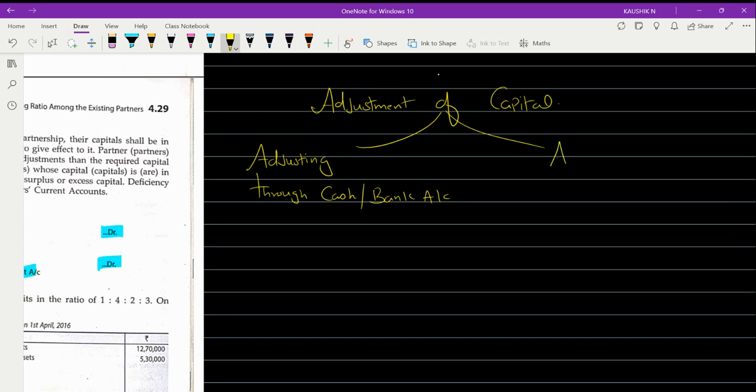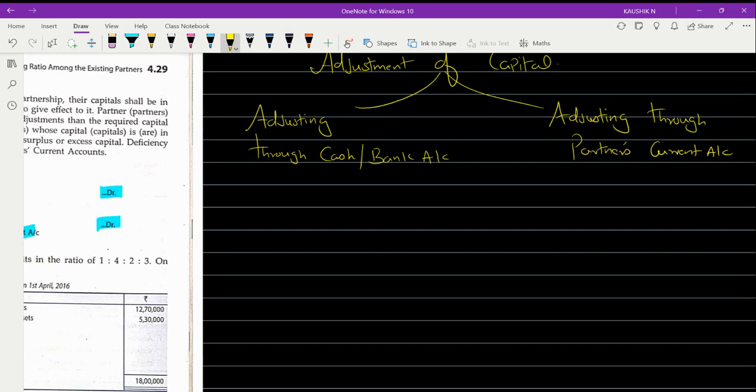The other one is adjusting through partner's current account. So the main concept of this adjustment of capital is either the partner might have to bring some additional capital if there is a shortage, or if there is a surplus, he will take away the surplus value.